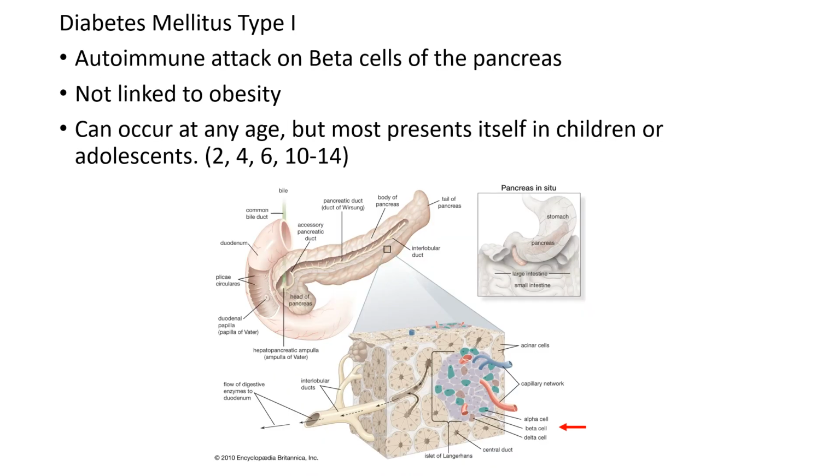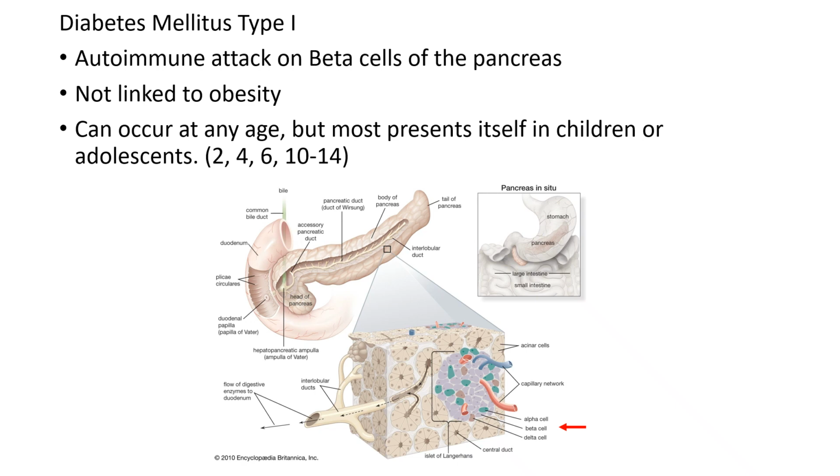So let's specifically dive into just type 1 diabetes mellitus. It is an autoimmune disorder where your immune system is going to attack beta cells of the pancreas. And if you look at the picture below, the beta cells are in the pancreas and they produce insulin. So type 1 is not associated with obesity, whereas type 2 is associated with obesity.